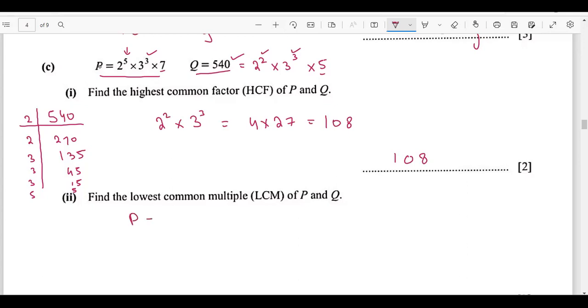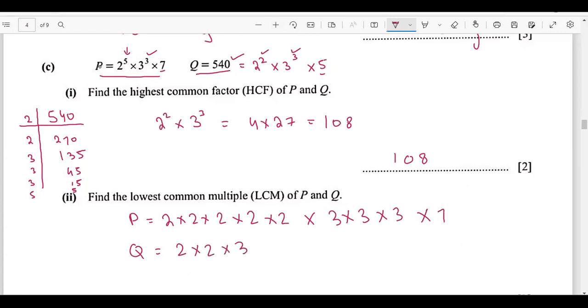It is P, so it would be 2 into 2 into 2 into 2 into 2. So we have 1, 2, 3, 4, 5. 3 into 3 into 3 into 7. And then for Q, we have 2 into 2 into 3 into 3 into 3 into 5.